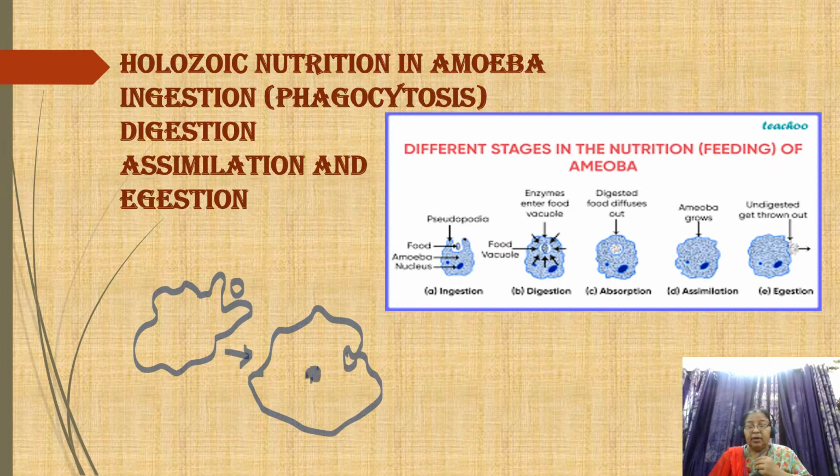Now this food vacuole will later be digested by different enzymes, then the digested food is absorbed in the body, and then it is assimilated. Assimilation means it becomes a part of the body, and the wastes are thrown out, which is egestion. So this is holozoic nutrition in amoeba.